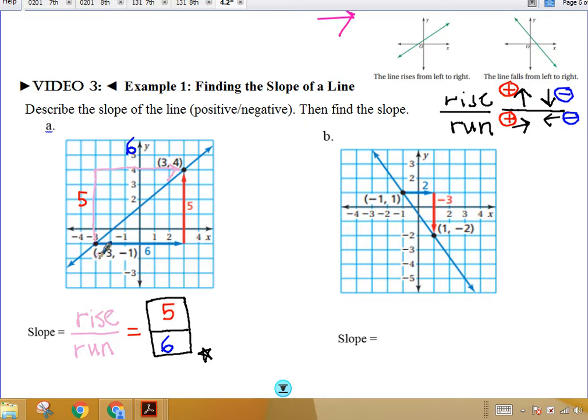So just by looking at the graph, you know that this is positive. And if you look at your slope answer, it's positive 5 over 6. So your graph is telling you that the slope should be positive, and it is positive. So that way you can check your answer. Okay? And I'm going to say this one, the slope is positive.